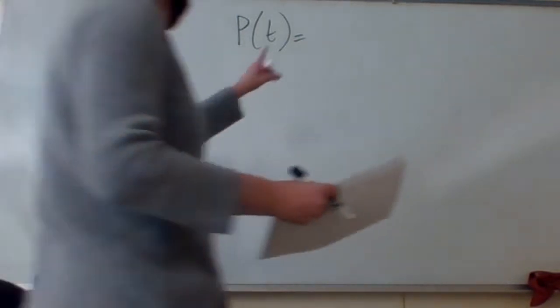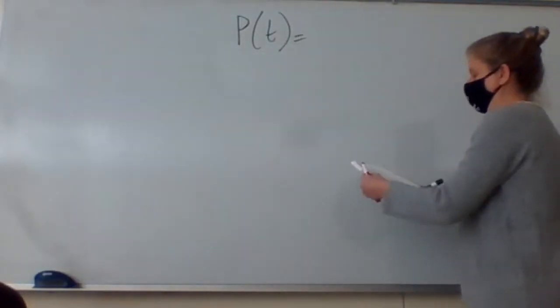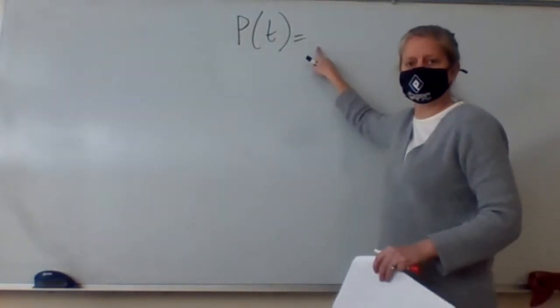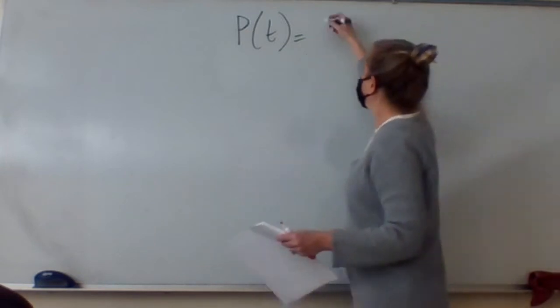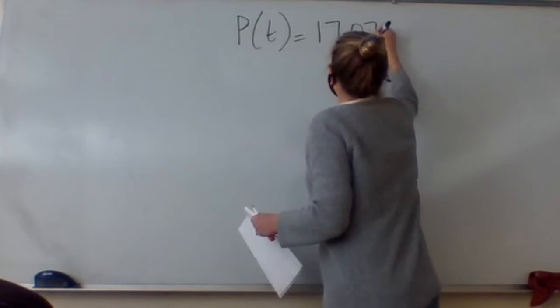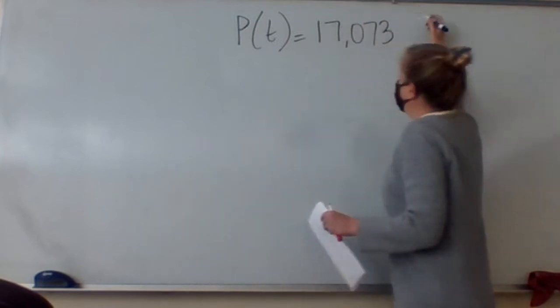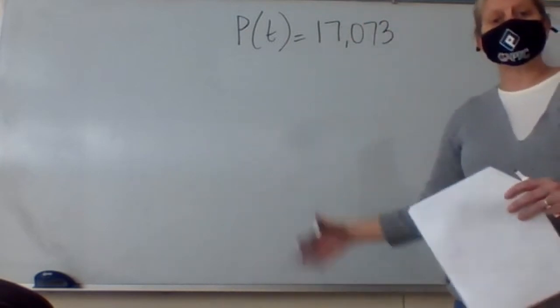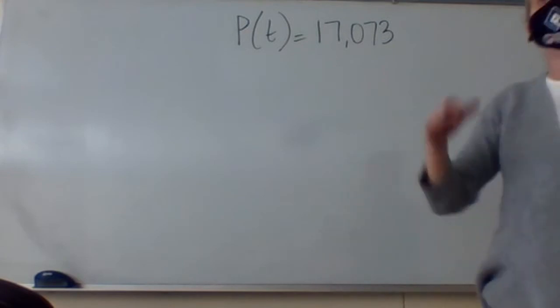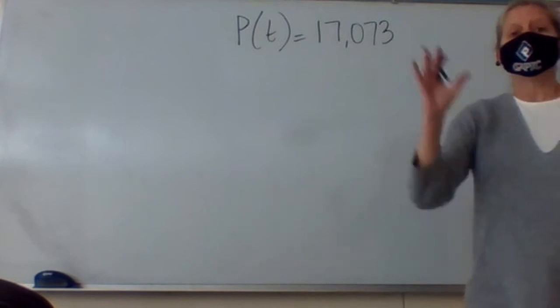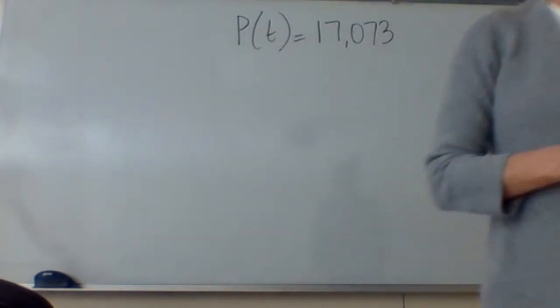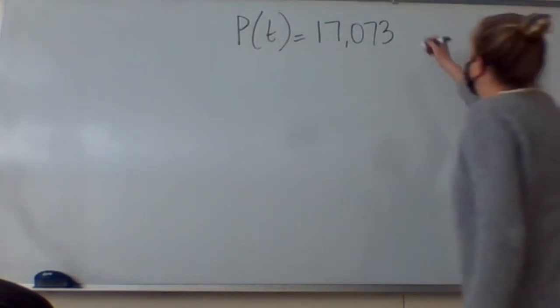Okay? On the right side of the equal sign is your initial investment, 17,073. Now, instead of what we were doing earlier, which was the 1 plus the interest rate over the number of times it's compounded a year, when you're compounded continuously, you just change that to an e.